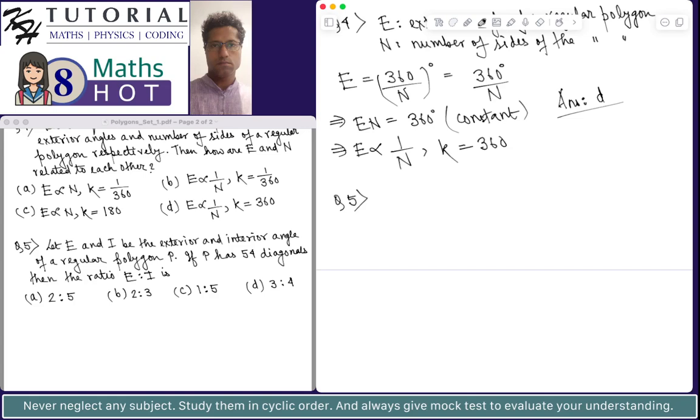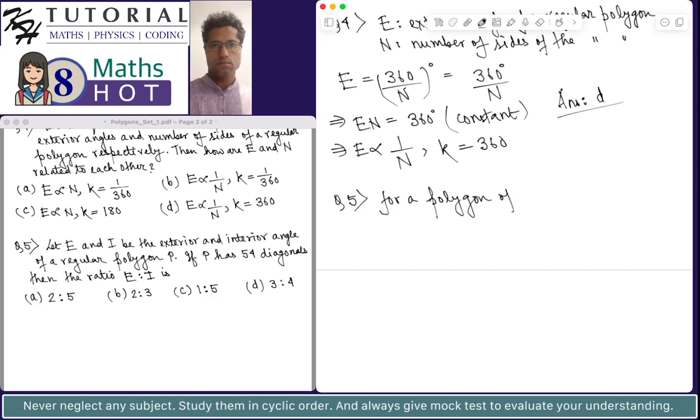Okay, we know that for a polygon, it can also be a concave polygon, we know the formula for the number of diagonals of a polygon of n sides.